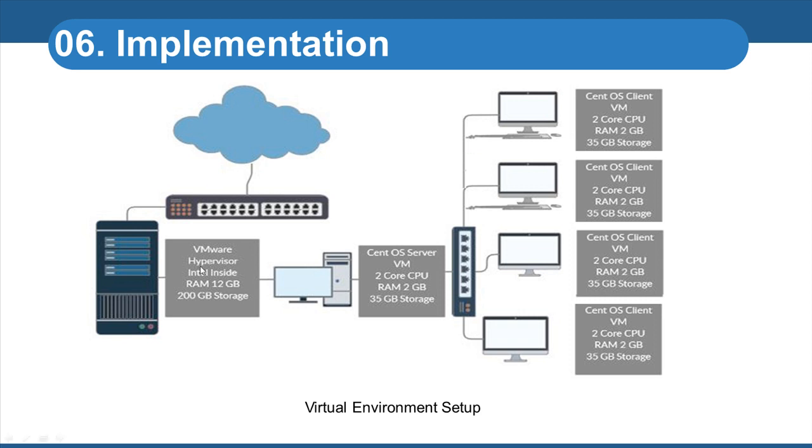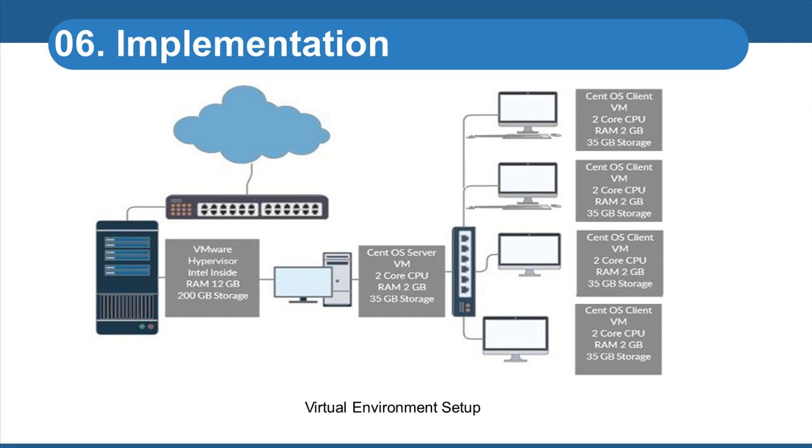I have my own PC which has VMware hypervisor installed on it, that I will use to do virtualization. The system has 12 GB of RAM and 200 GB of storage for this testing purpose, which is more than enough.